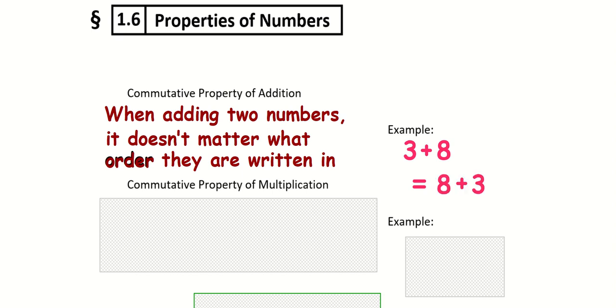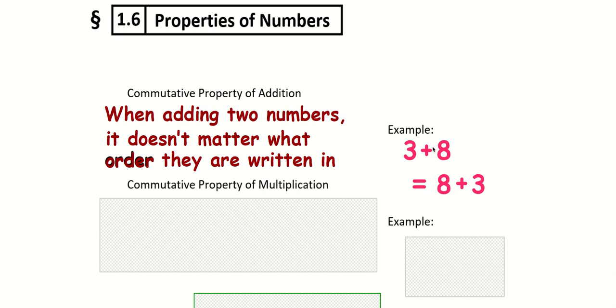That's the commutative property, and a lot of these are going to be like, well, yeah, no duh, because the concept of adding or multiplying isn't that deep, and your brain can wrap itself around it: 3 plus 8 is literally the same as 8 plus 3. It doesn't matter how you write it, you're still adding 8 and 3 together.